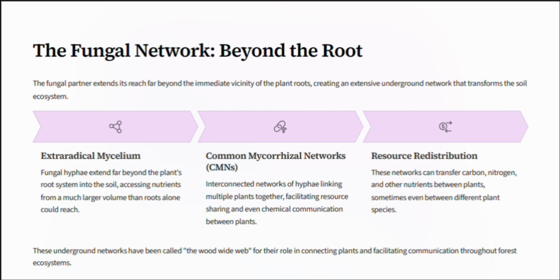The second is the mycorrhizal network, where the hyphae link multiple partners together and facilitate sharing and chemical communication between plants. And resource distribution means that they transfer nitrogen, carbon, and other nutrients to the plant, sometimes between different plant species.